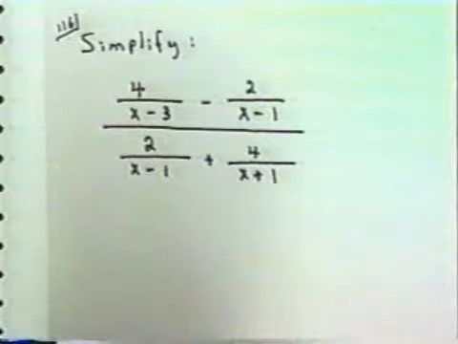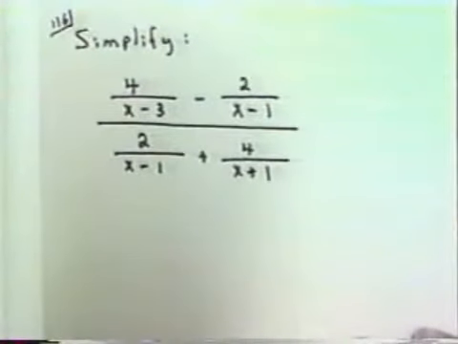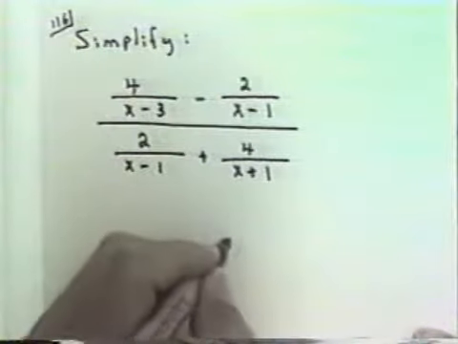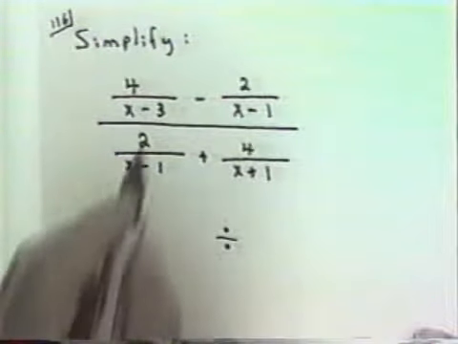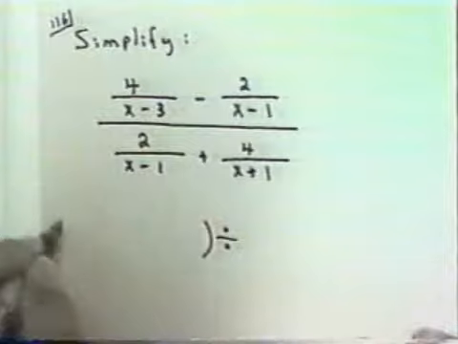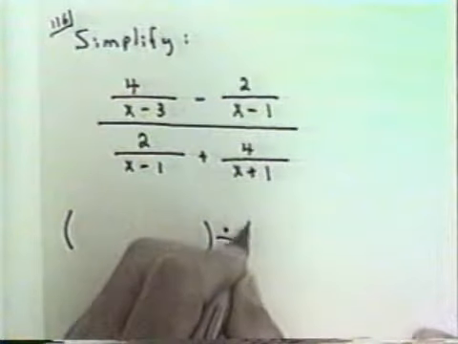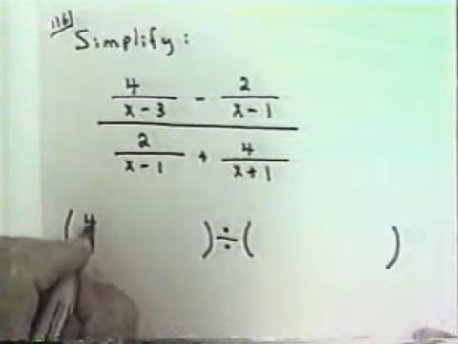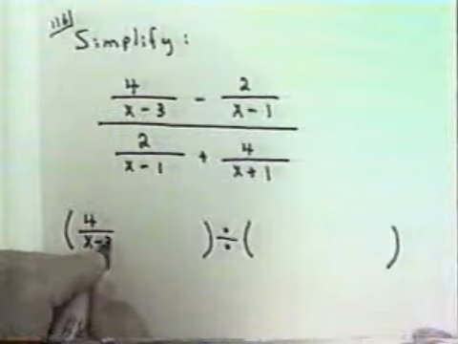Let's look at another example. You start the same way. This bar means to divide. That bar also tells me to group everything above it together and to group everything below it together. So I have 4 over x minus 3.